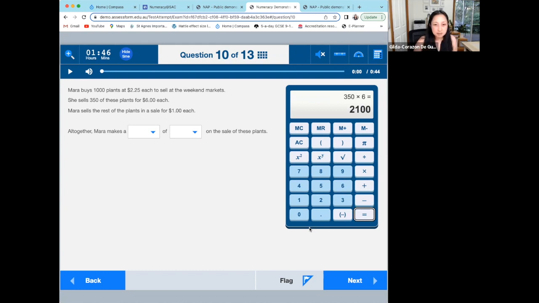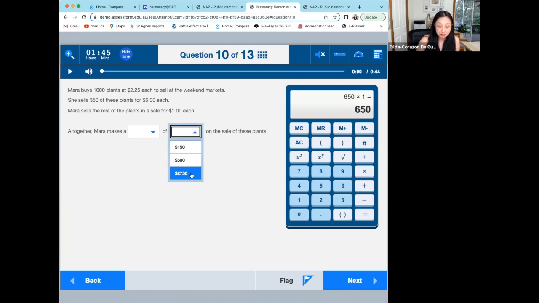The rest of them, she just sold at a special price of $1 each. If she was able to sell 350, the remaining plants would be 650. So now you add the 650, you get what? 2,750.